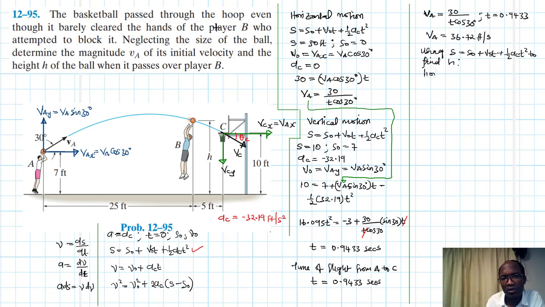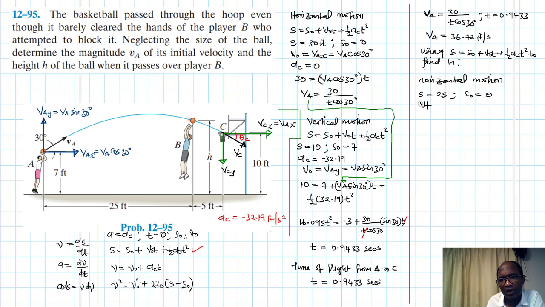Let's start with horizontal motion. We already talked about what we have. Of course, we are talking of horizontal. S is equal to 25. We have S naught equal to 0.